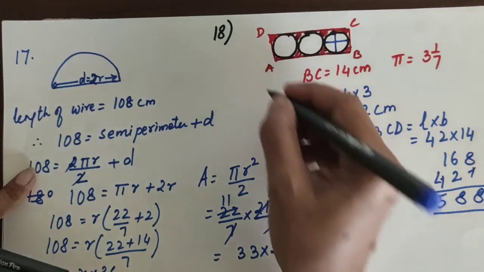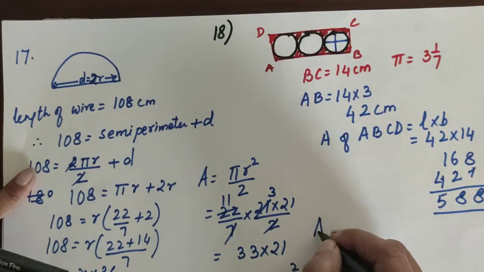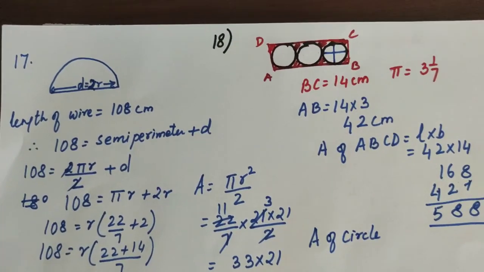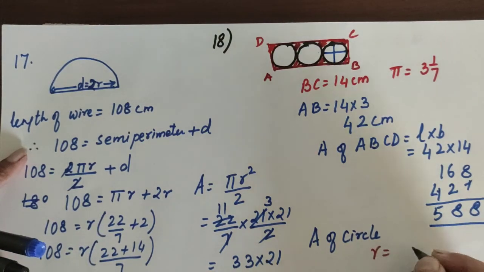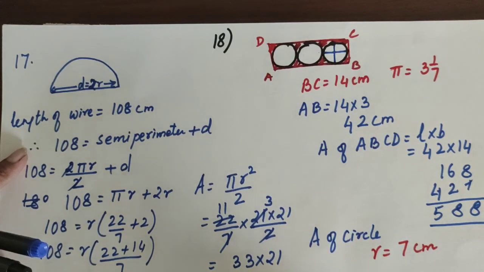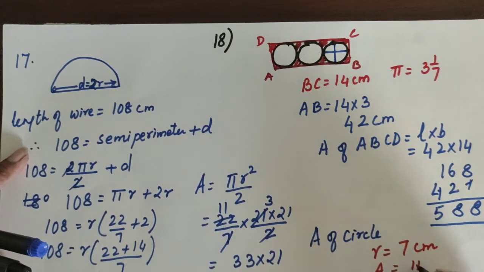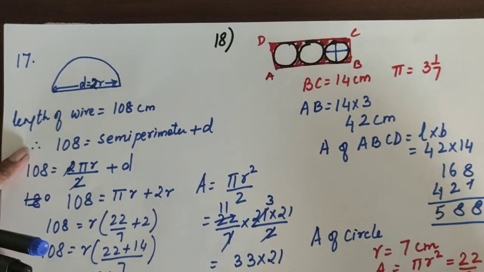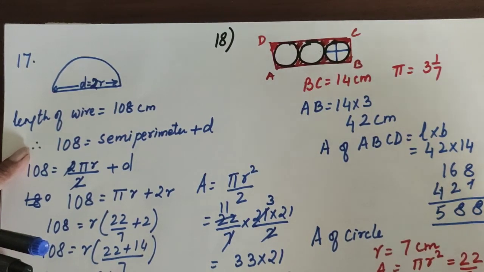Next is find the area of the circle. So area of circle, one circle we will find first, pi r square. If BC is 14, so radius is 7 centimeter. So area is pi into r square, which is 22 upon 7 into 7 into 7.